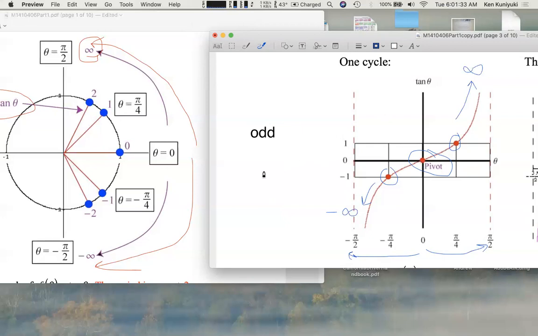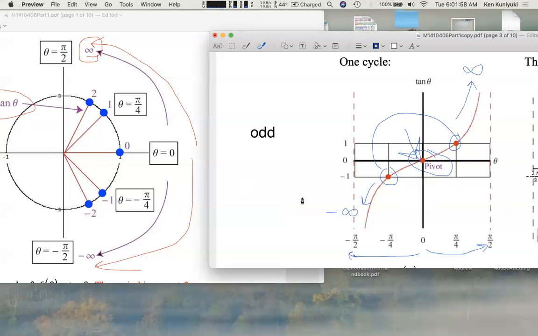That explains, for example, why tangent of negative pi over 4 is negative 1, while the tangent of positive pi over 4 is positive 1. These 2 points are symmetric about the origin. The graph of y equals tangent of theta is odd.